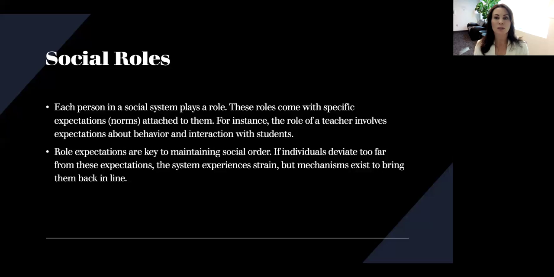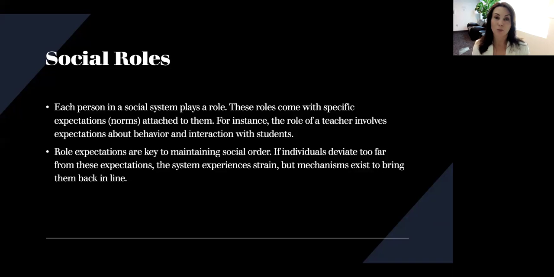If an individual deviates too far from the expectations, the system experiences strain. Maybe it's not that. I would say, for example, if one person deviates from the expectations, like if a student doesn't do their job, the system doesn't experience strain. But if people are deviating from their roles as a whole, it will be strain for the system.